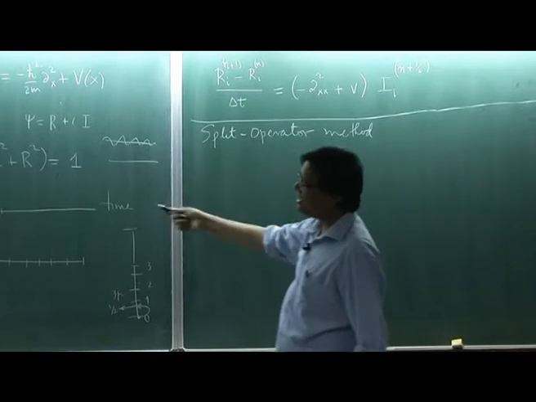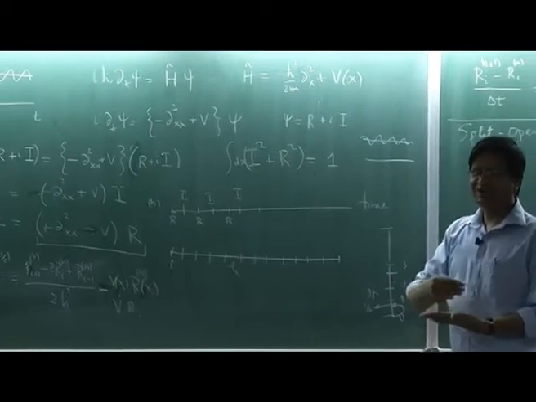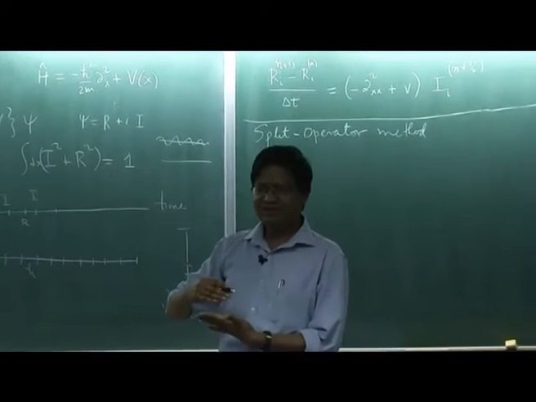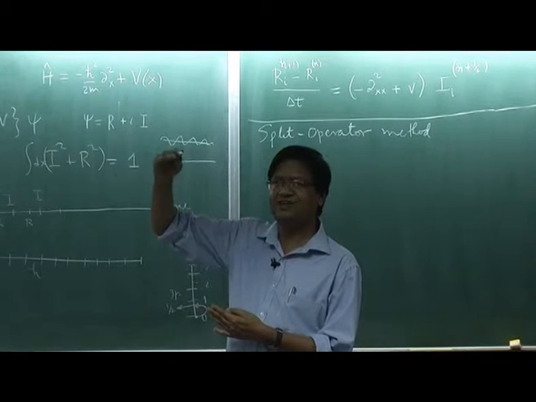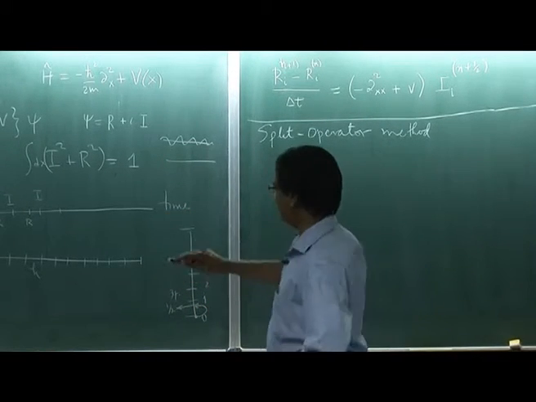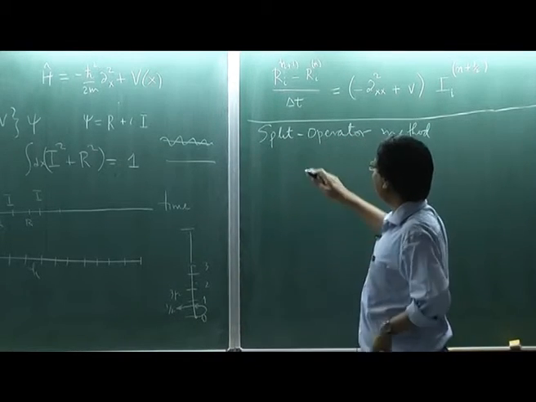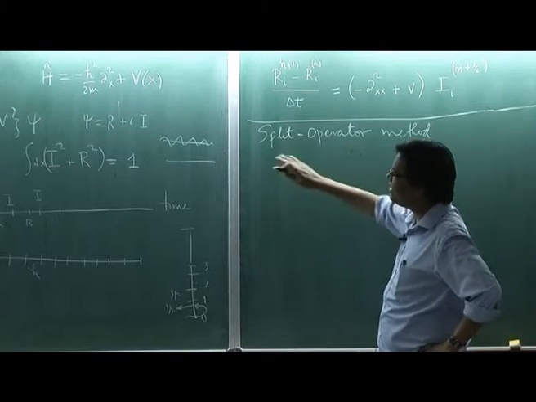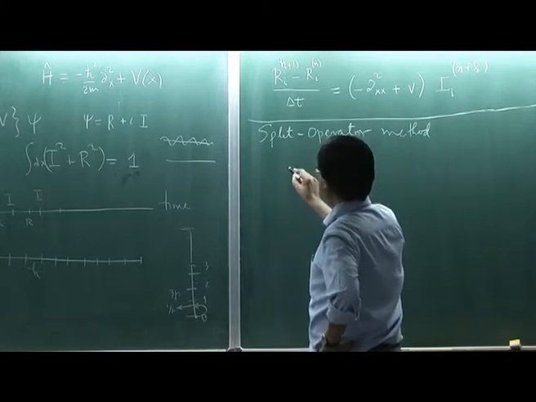It is inspired by leapfrog. My time is jumping for the real part at integer time levels, and the imaginary part at semi-integer time levels. There is another scheme called the split operator method which also preserves this, and the idea is the following.